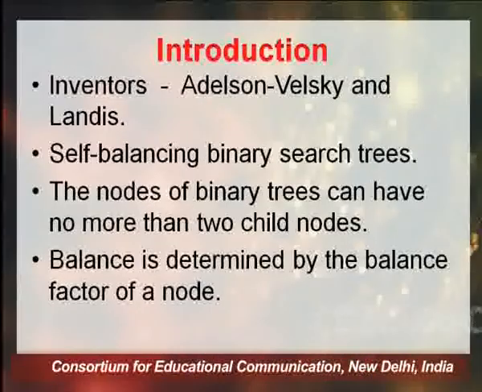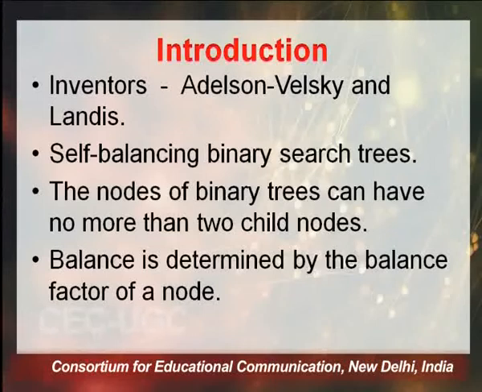It is named after its inventors Adelson-Velsky and Landis. Basically, an AVL tree is a self-balancing binary search tree. Being a binary tree, every node can have a maximum of 2 children nodes, not more than that.